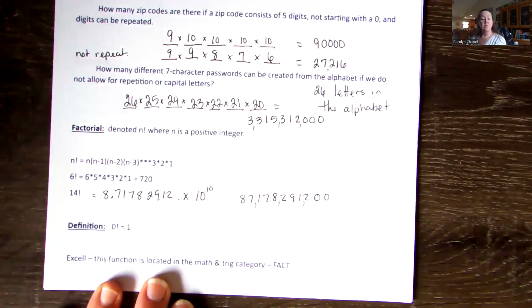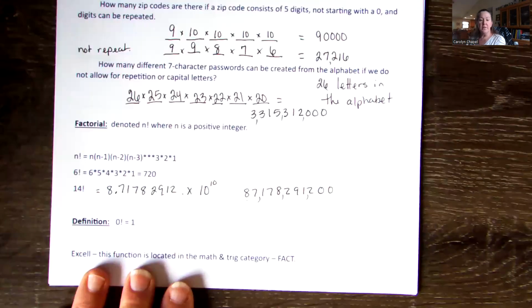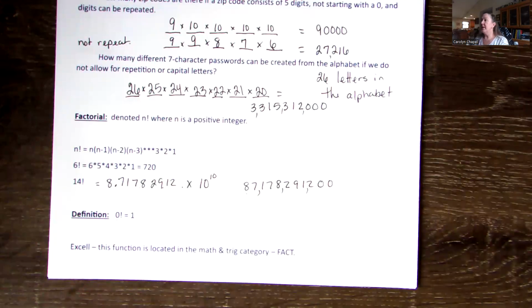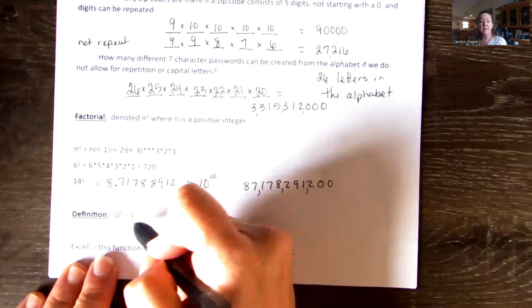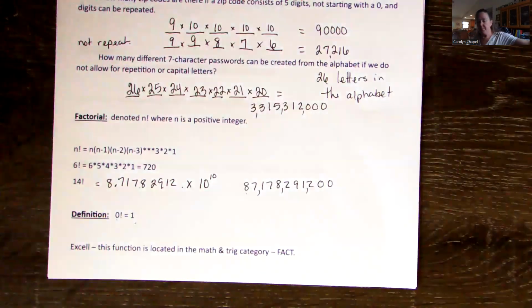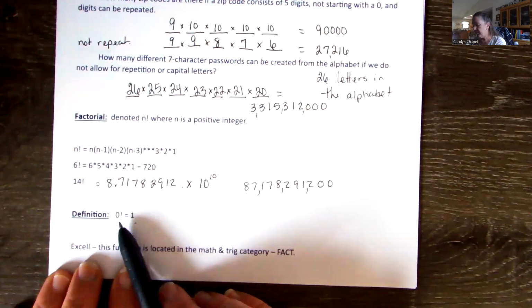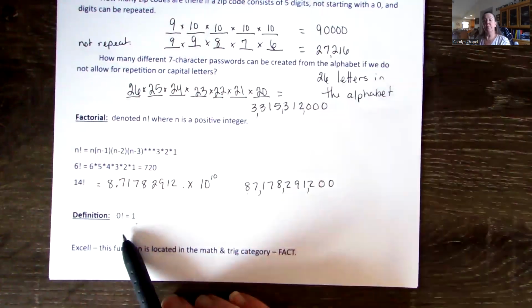One thing we have to do to make sure that everything works is we had to define what 0 factorial was. Because in some of our problems, we will get a 0 factorial pop up in the formulas. And to make it all work, 0 factorial is defined to be the number 1. So in other words, it is equal to 1. We couldn't really start at that point and go down till we got to 1 because 0 is below 1.